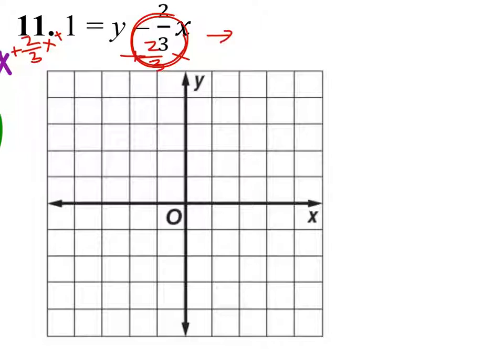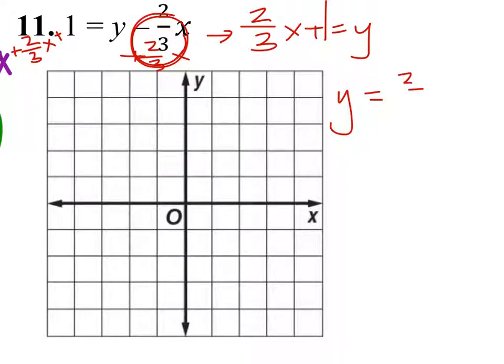What I have is 2/3 x plus 1 equals y. I forgot my 1. There it is. Some people get really confused with this because the y is on the right side of that equal sign. That's okay. Just know that it's the same thing as writing y equals 2/3 x plus 1.